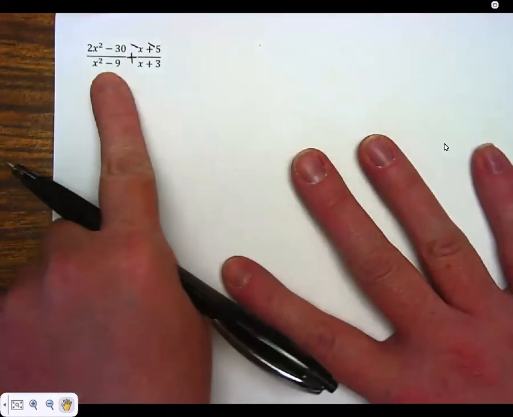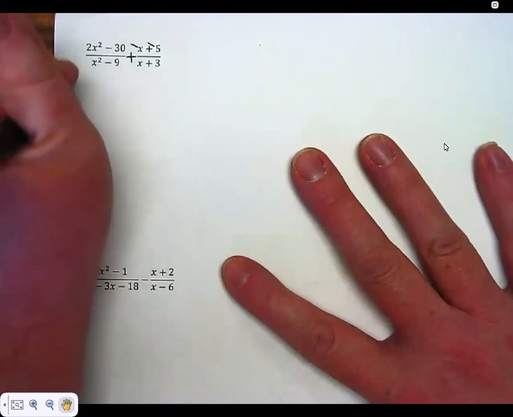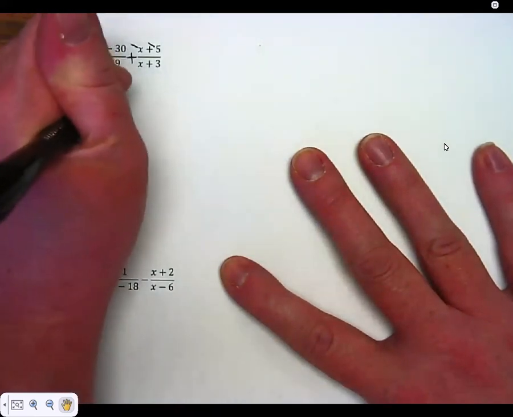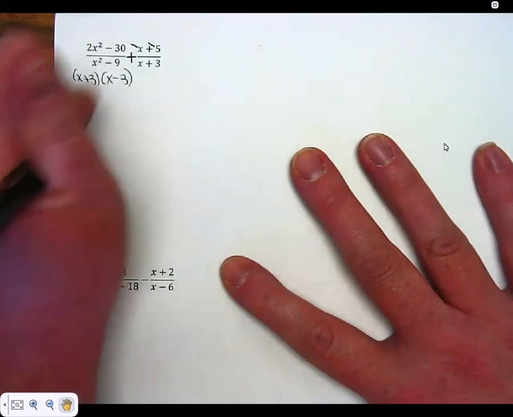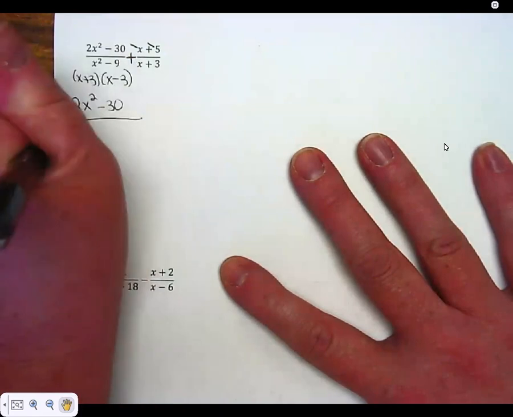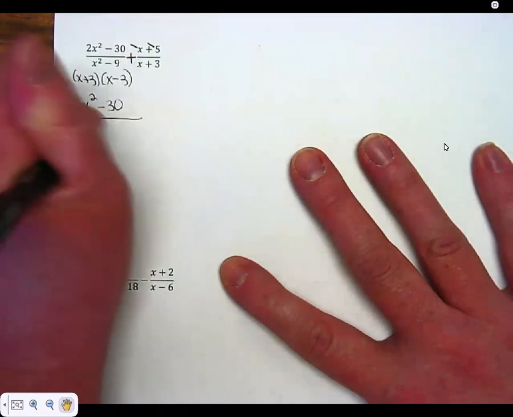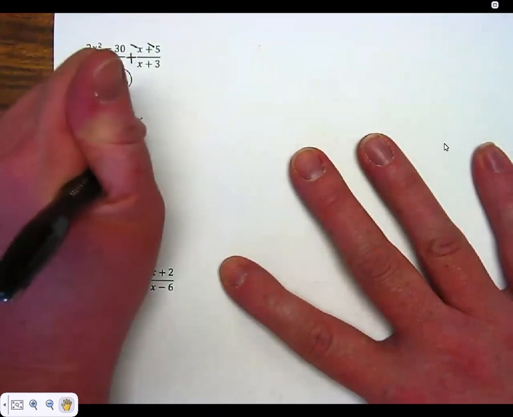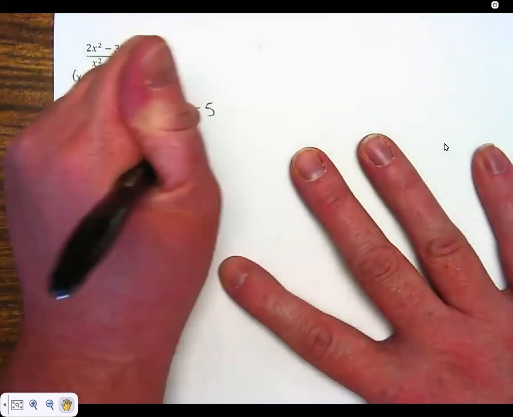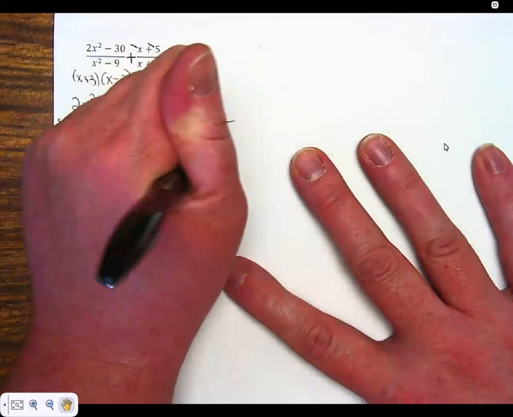So x squared minus 3 is difference of squares, so that'll factor into x plus 3, x minus 3. So then you're looking at 2x squared minus 30 over x plus 3, x minus 3, plus negative x minus 5 over x plus 3.